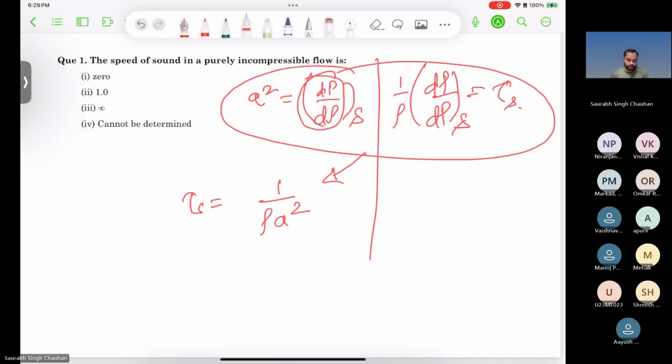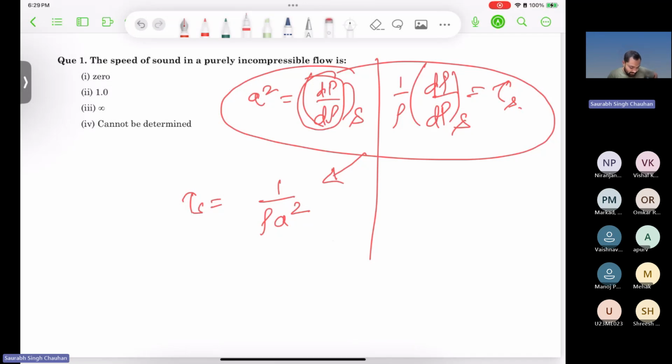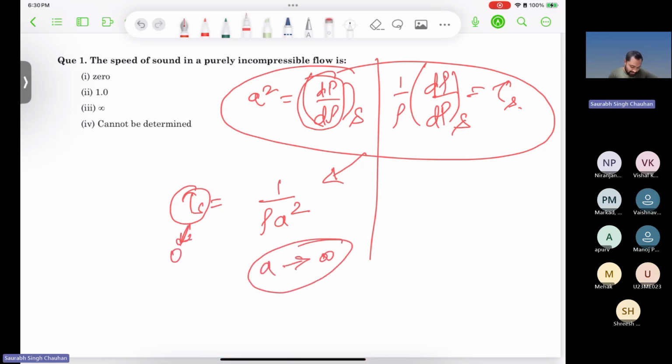So you can write Ts is equal to 1 by rho into a square. Very simple. Now if Ts is equal to 0, then what will be A? A should tend to infinity, right?